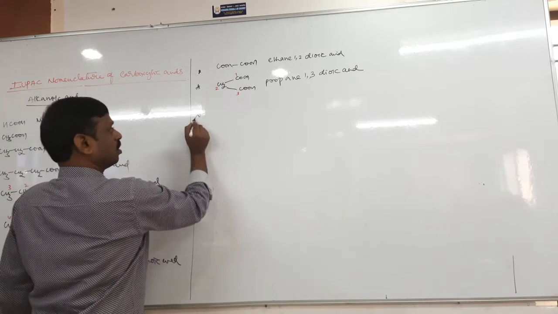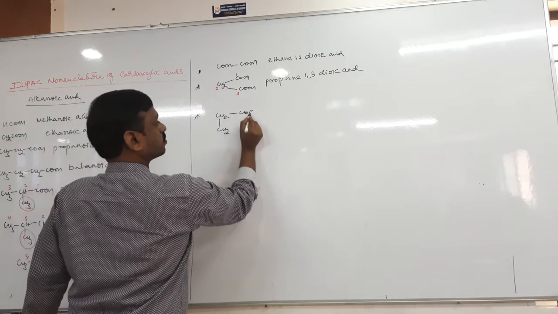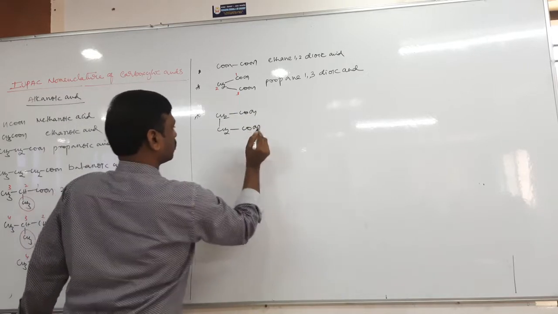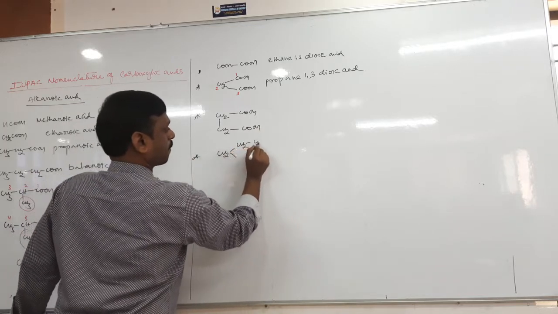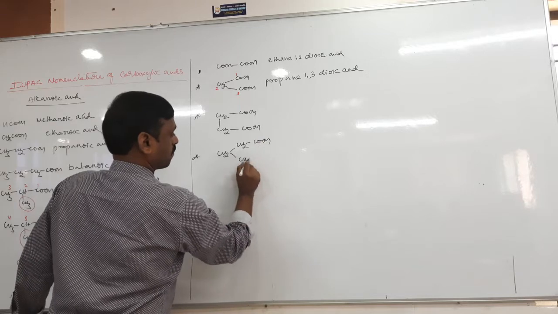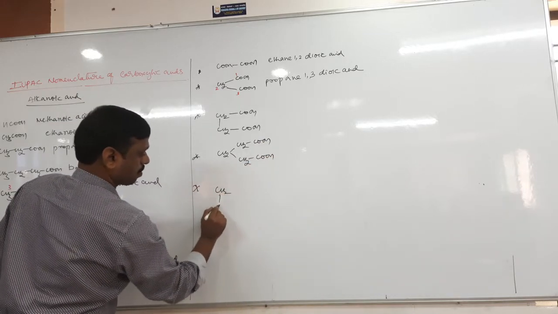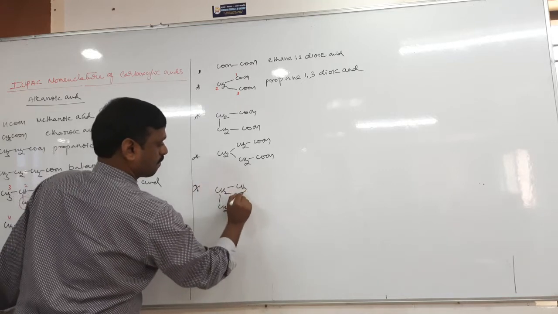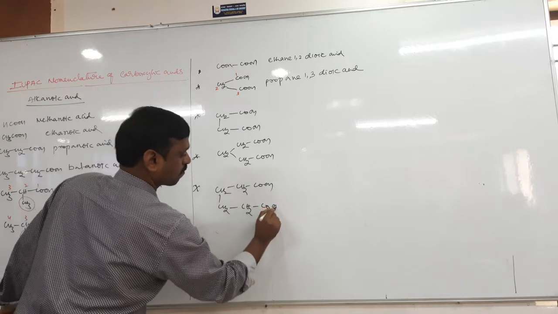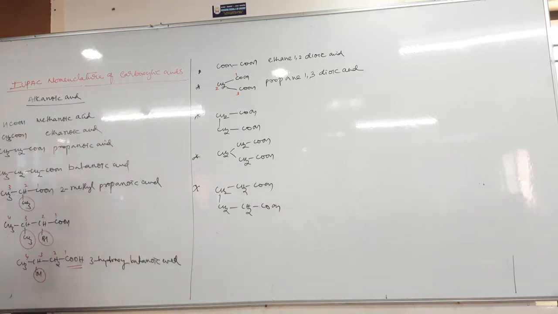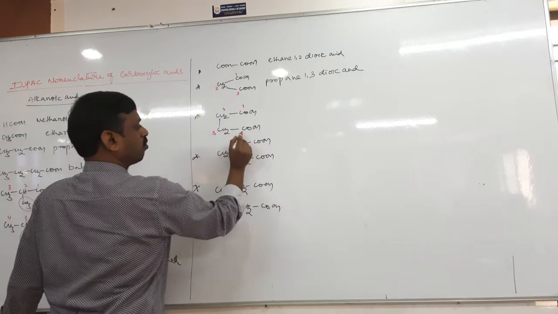Next, if it is 4-carbon, 5-carbon, 6-carbon, so write the IUPAC names. 1, 2, 3, 4.